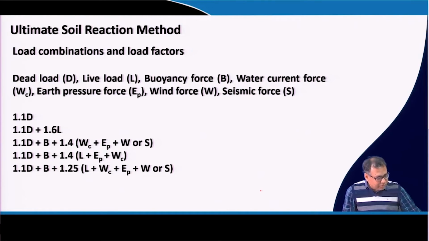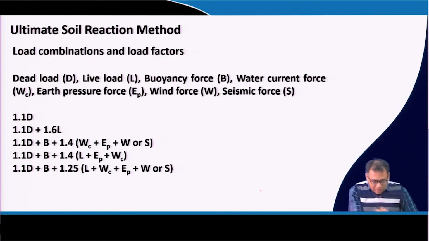So, what are those load factors? Here, different loads will act on the well. These loads are dead load, live load, buoyancy force, water current force, earth pressure force, because both sides will be soil, then wind force and the seismic force.